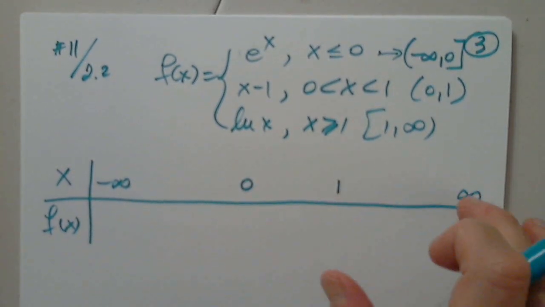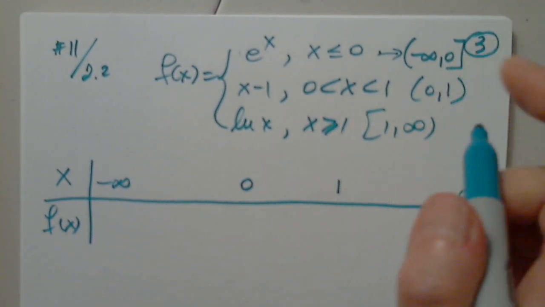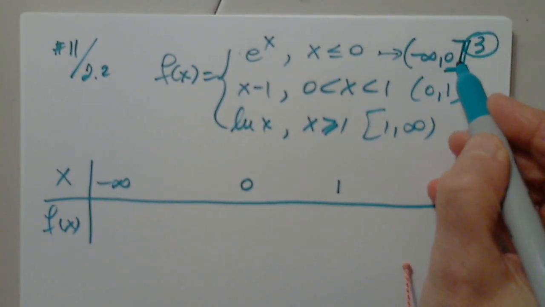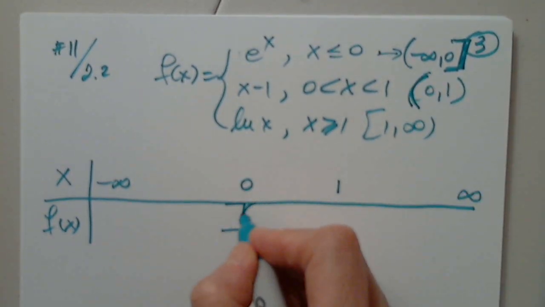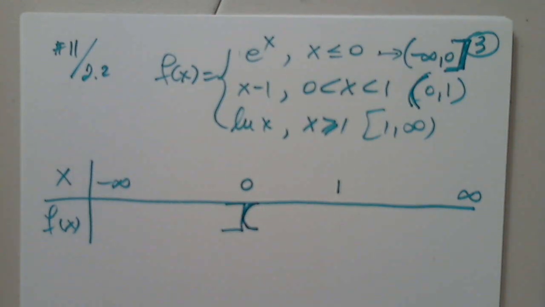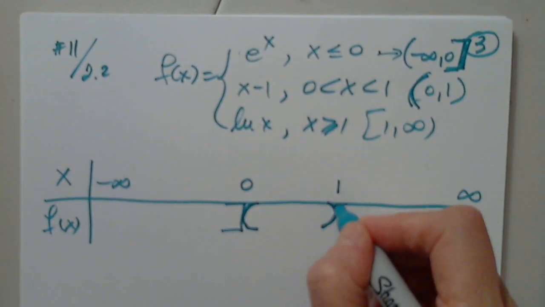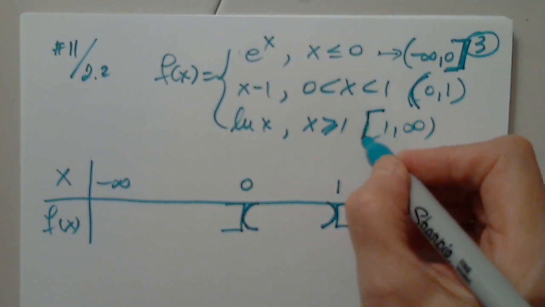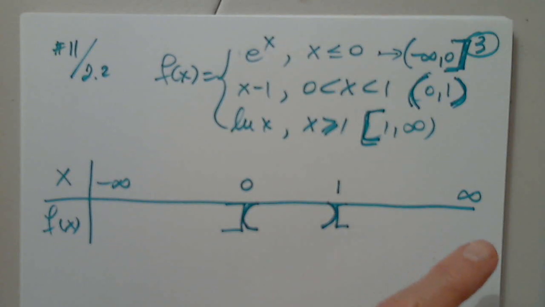I can put whatever else I want, but 0 and 1 must be in the table. And look at these symbols. A bracket to the left and a parenthesis to the right. Also here, a parenthesis to the left and a bracket to the right.